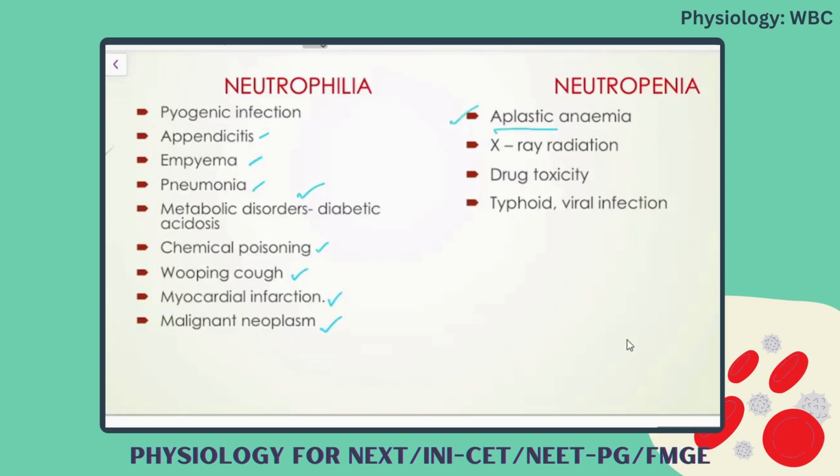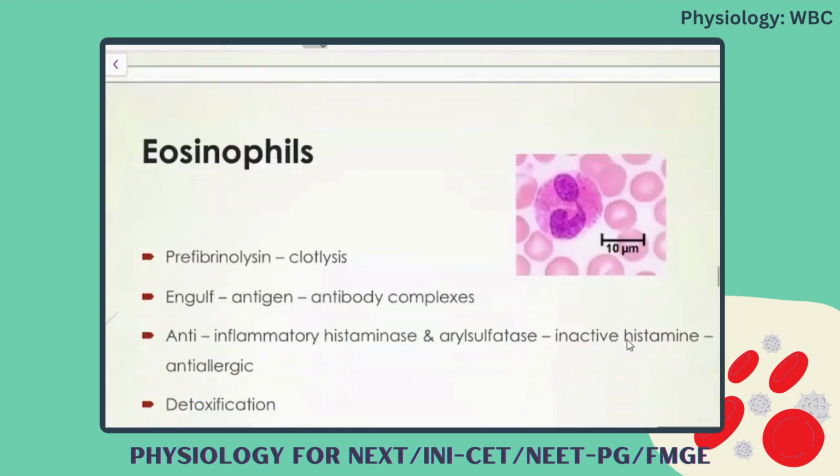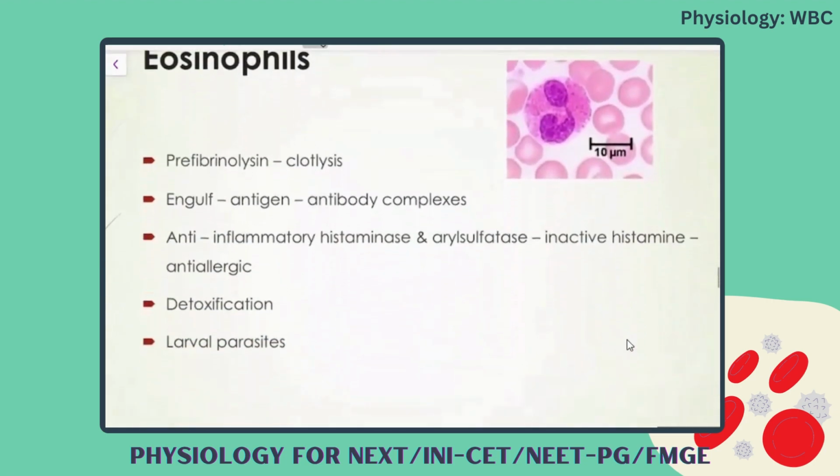What is aplastic anemia? Anemia due to defect in the bone marrow. And when there is a radiational defect by the X-ray, drug toxicity, typhoid or viral infections, that decreases the neutrophils, called as neutropenia.